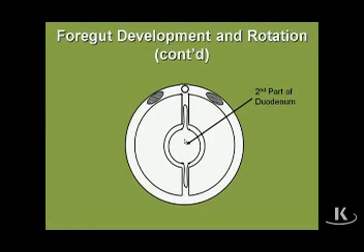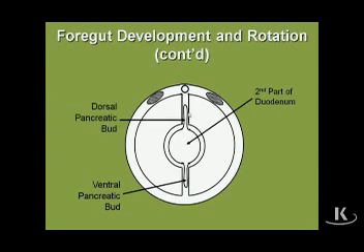This time we see that the endoderm of the duodenum evaginates, but we have two evaginations: a ventral evagination and a dorsal evagination, from the ventral midline and the dorsal midline. The ventral one evaginates into the ventral mesentery. The dorsal one evaginates into the dorsal mesentery. Those evaginations are called the pancreatic buds. So this would be the ventral pancreatic bud, or ventral pancreatic diverticulum, and the other is the dorsal pancreatic bud, or dorsal pancreatic diverticulum.